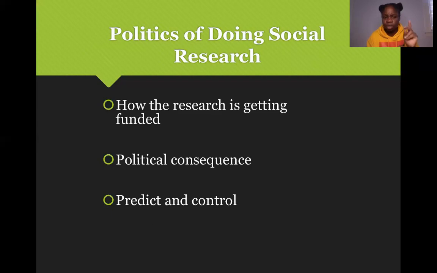But the big two: how the research is getting funded, because if a researcher can be biased, if I can be biased, can the person who's funding your research essentially, what is the word that I want to use? Coerce you into finding a specific type of result or a finding? Yes.